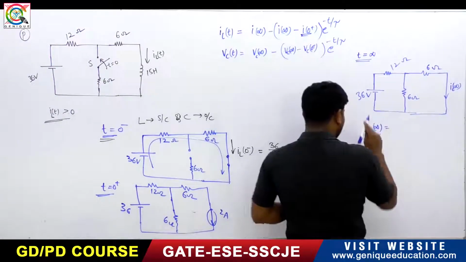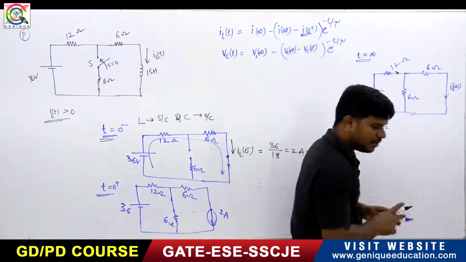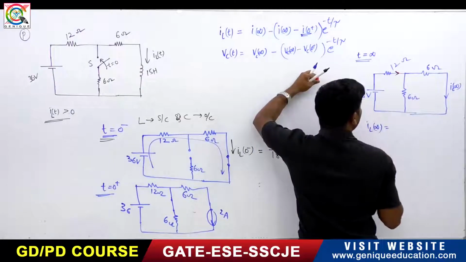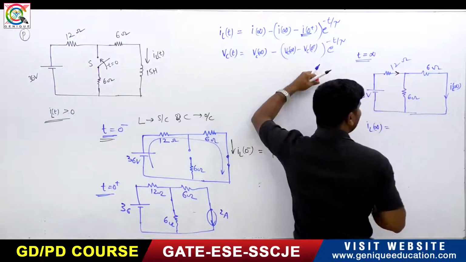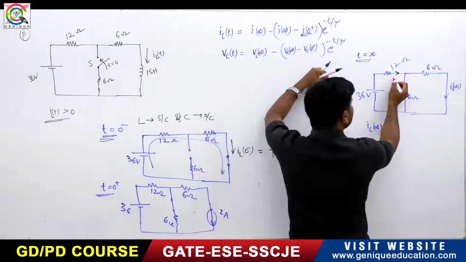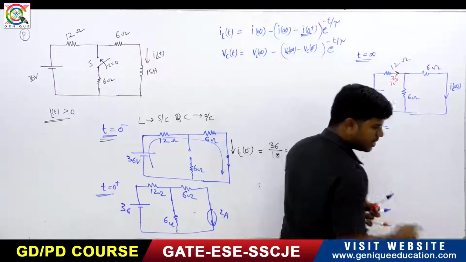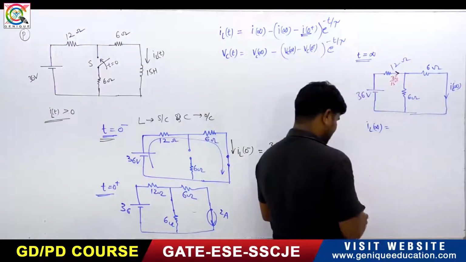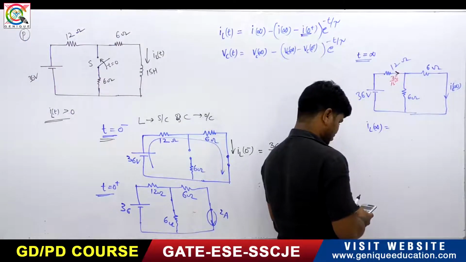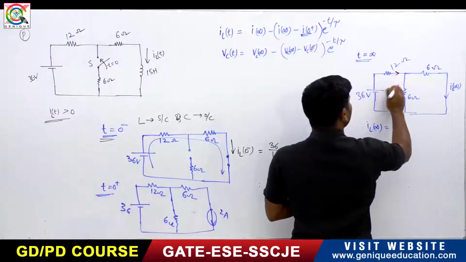Now what will be this current? This current is equal to 36 divided by 15, right? 36 divided by 15 is 2.4 amps.